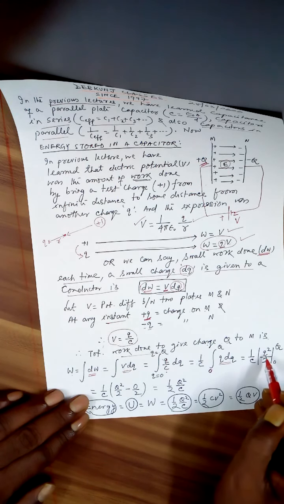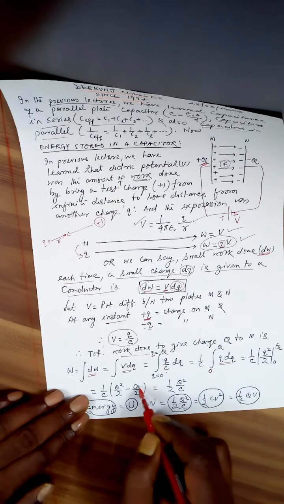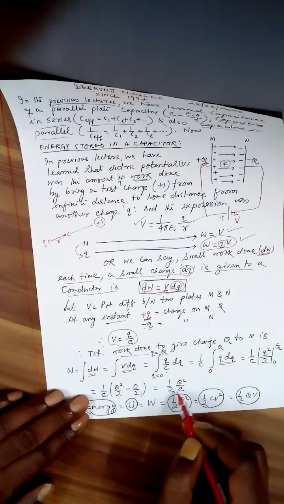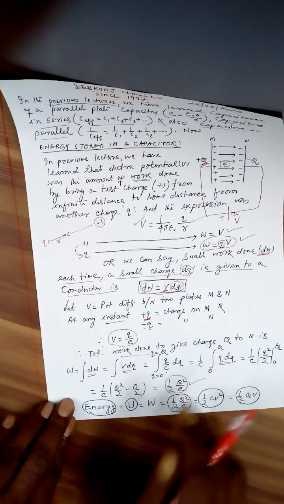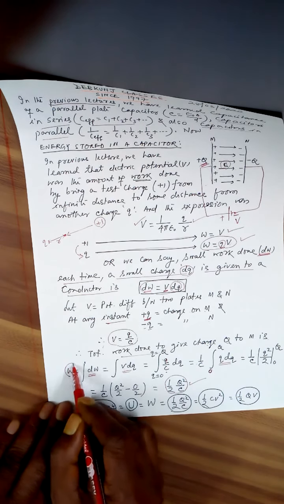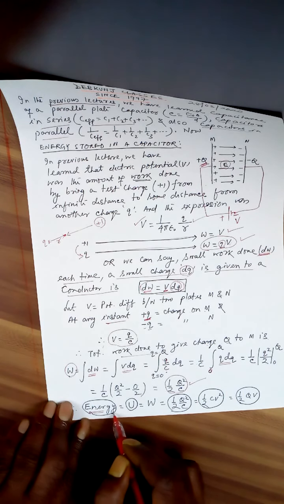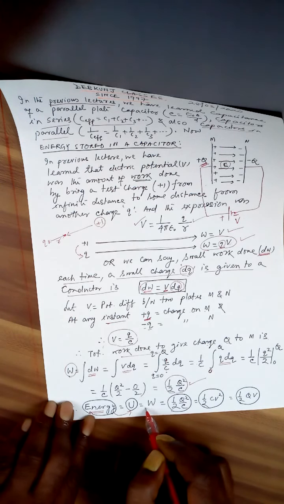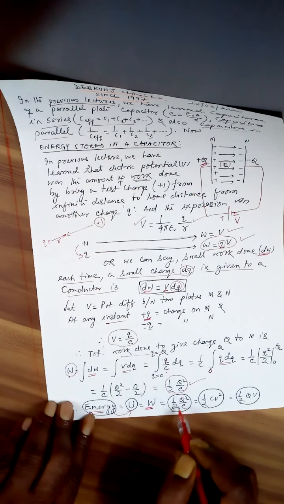For small q, I put 0 here; square of 0 is 0, and 0 divided by 2 is again 0. So I am left with half Q square by C. As I have told you previously, the work done is nothing but the energy. I am using the symbol U for that. So the total work done is U equal to half Q square by C.